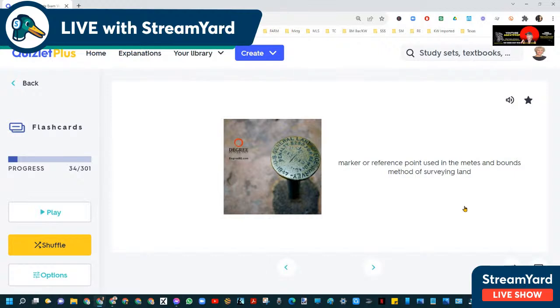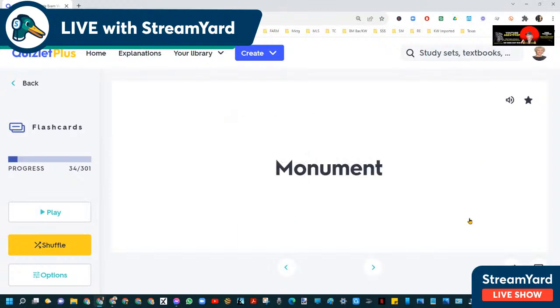That's the description of the surveying, the meets and bounds. So that marker or reference point is a monument.